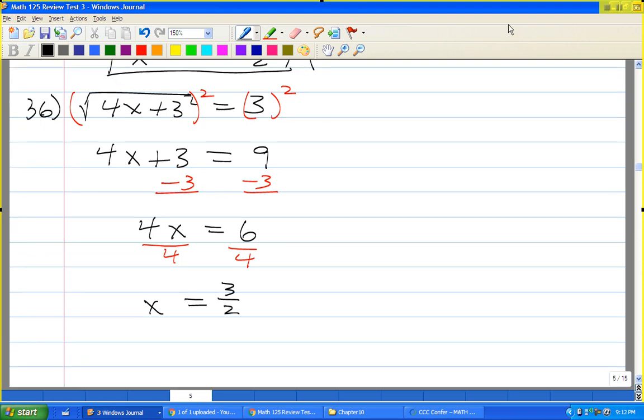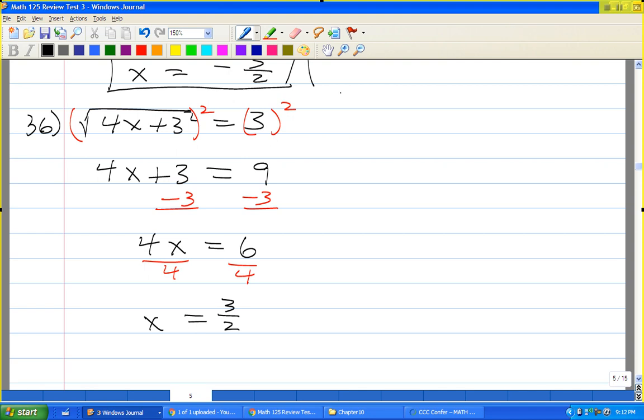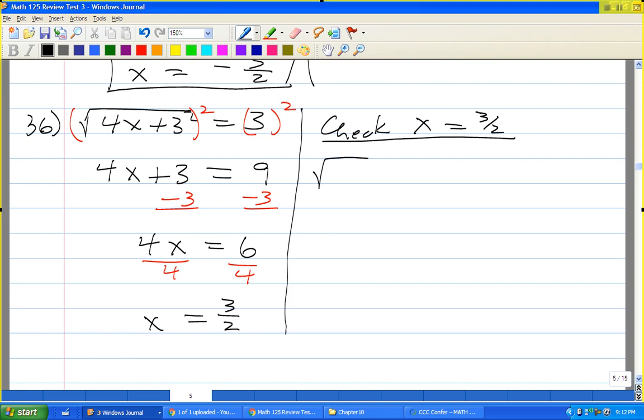So now let's check. Is the square root of 4 times 3 halves plus 3 equal to 3?